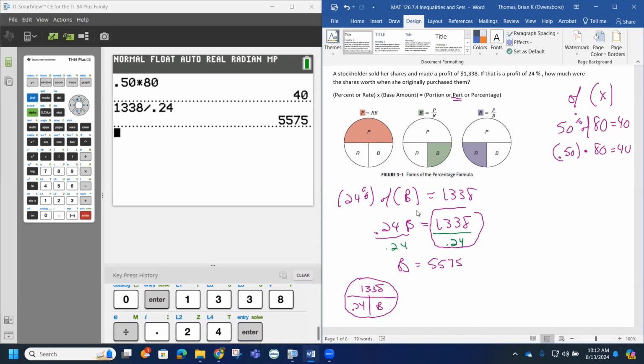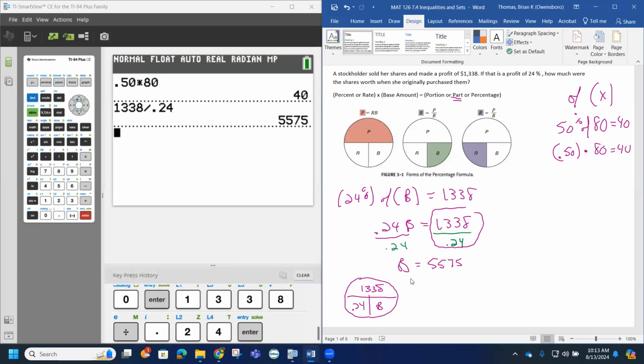A lot of times in technical classes, they use models as formulas. So this is something you can also do with percent questions: instead of writing out equations, you can set them up in terms of models, and the model will tell you what the relationship is. This tells you that to find the base amount, you take the portion, in this case the profit, and divide it by the percent, the rate, and it'll tell you what the base amount is.